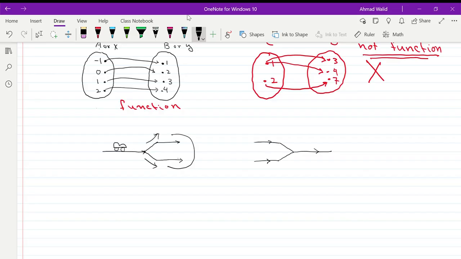It's impossible. Look, if I name myself X, and I name these roads Y's, one X cannot go at the same time to two Y's. It's this case, one X, two Y's. Then this diagram or this example does not represent a function.